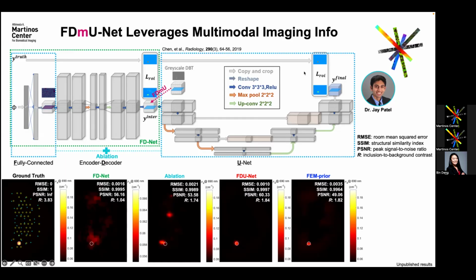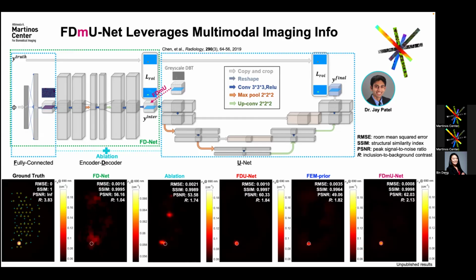So ours is just borrowing the same concept, using high resolution structural priors to increase the image quality of low contrast functional images. This is what we get with what we call FDMUNet: even more accurate localization and increased contrast recovery.